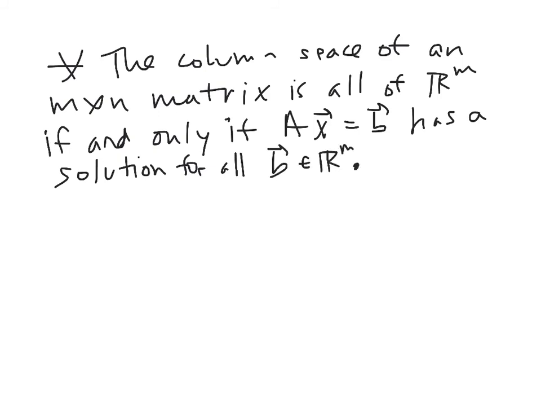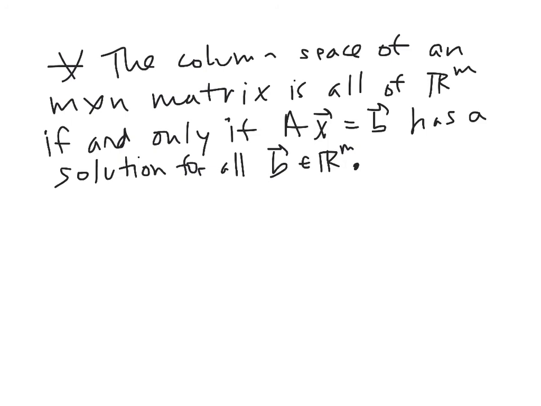So you can see how the column space having a certain dimension is connected to your matrix having a certain number of pivots. We've seen this before, but it's good to identify it in the context of subspaces.